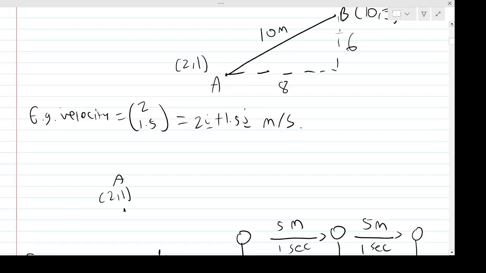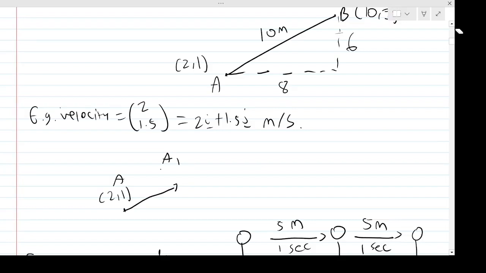So if I'm starting at (2, 1), I'm adding 2i and 1.5j. The i is basically the x, and the 1.5j is basically the y, which means after 1 second I'm at the point A1.